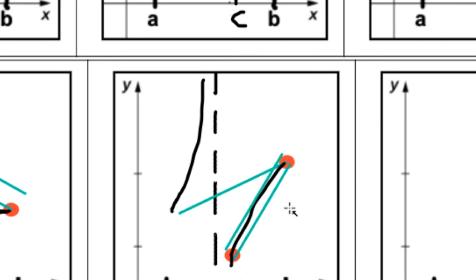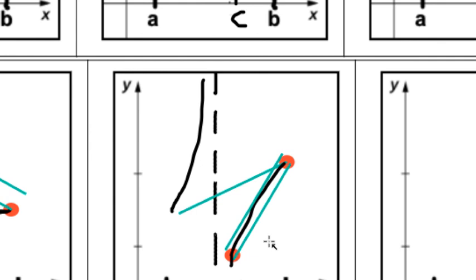Look at that right there. So if I just go to the right of where it's not differentiable, and move a over to right here with b still here, the mean value theorem works. To the right of the vertical asymptote it works, and to the left of the vertical asymptote it works. Where it doesn't work is when I'm going across the interval.